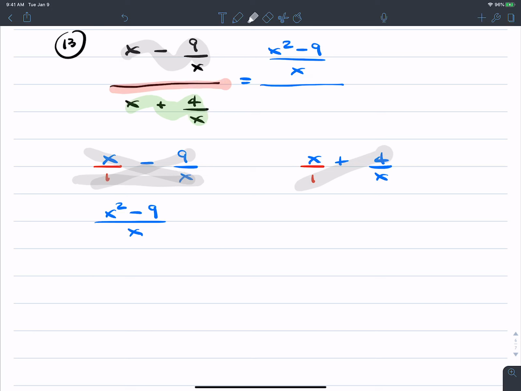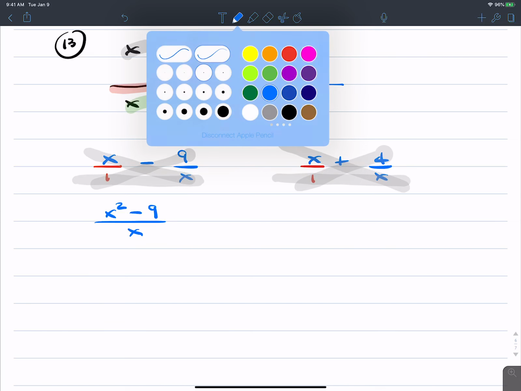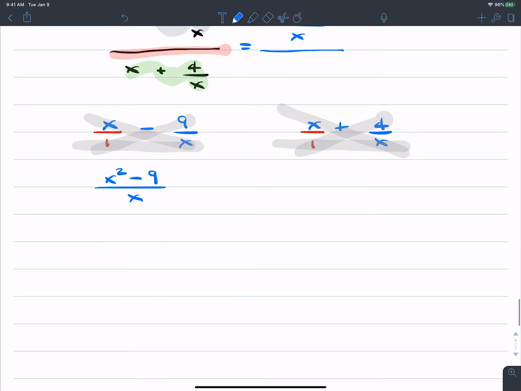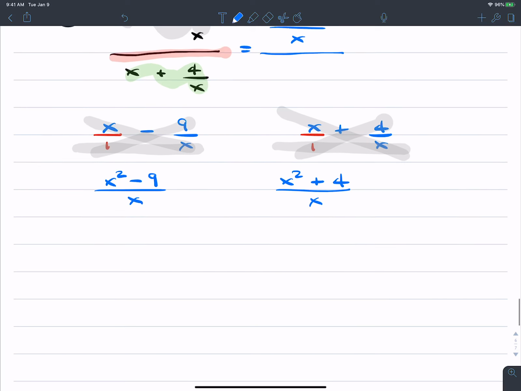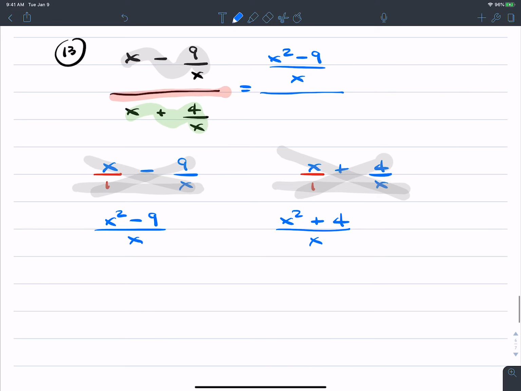So I cross multiply here, and I horizontal multiply over here. We're going to take a shortcut. That gives us x squared plus 4 over 1 times x, which is x. So the second fraction is x squared plus 4 over x.